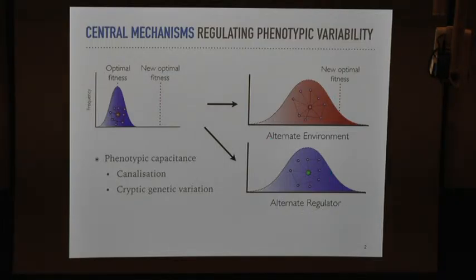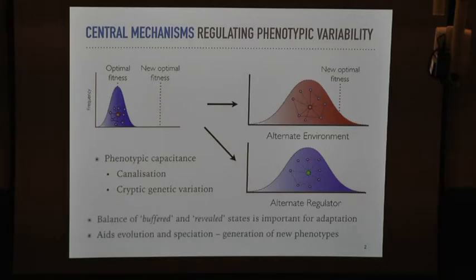This property, where the phenotype is in a buffered state and, when it moves to a novel environment, releases genetic variation, is defined as phenotypic capacitance. It allows us to see that there are several variants under a buffered state in this population, but when either the environment or the regulator changes, these mutations can express themselves. These variants are termed cryptic genetic variants, because they do not show their effect in the initial population, but only in an alternate environment or regulator.